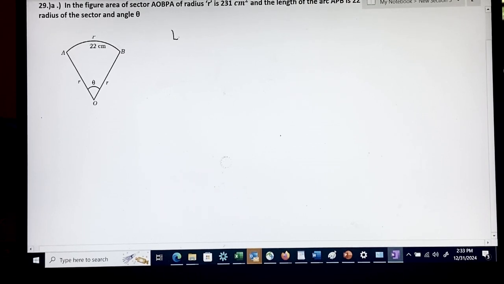The length of an arc of a sector of angle theta is theta divided by 360 degrees into 2 pi r.